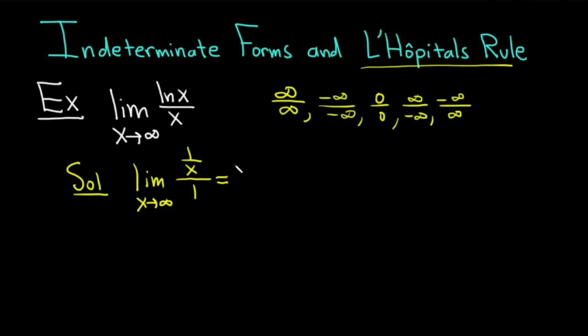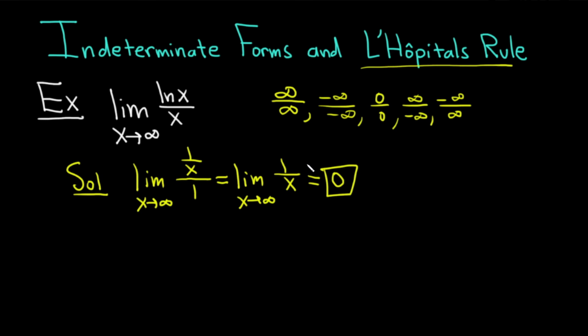This is equal to the limit as x approaches infinity, and 1 over x over 1 is just 1 over x. And at this point, it becomes very clear, as x gets really big, 1 over x gets really small, and so the limit is equal to 0. The answer in this case is 0.